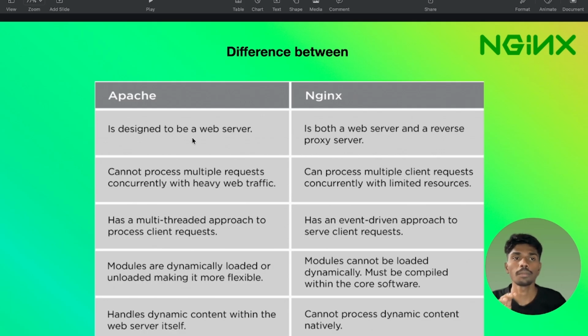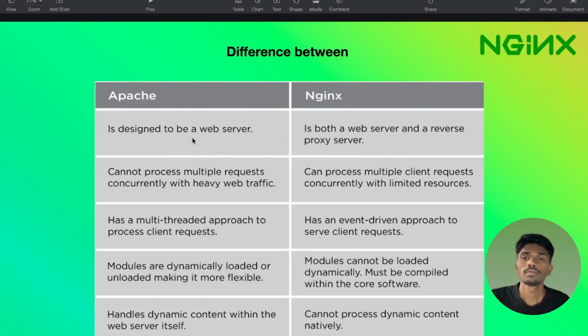When a task gets scheduled from a user to the Nginx server with reverse proxy to the web server, it follows an event-driven approach on which Nginx works. Apache supports dynamically loaded modules and handles dynamic content within the web server itself, whereas Nginx cannot process dynamic content.